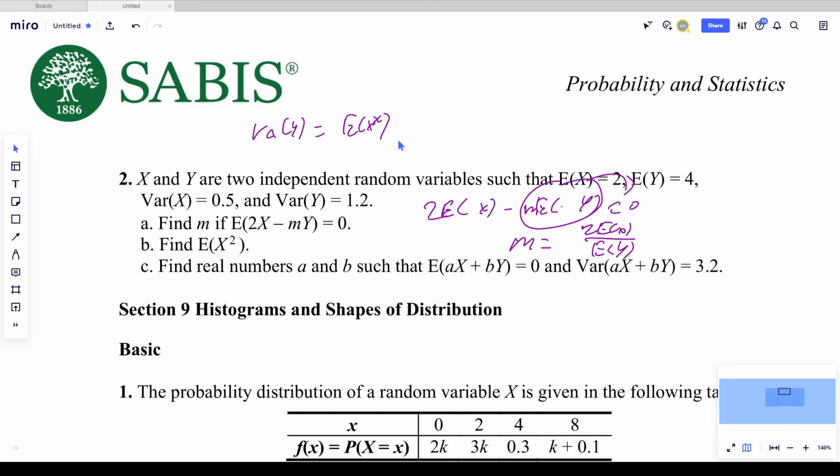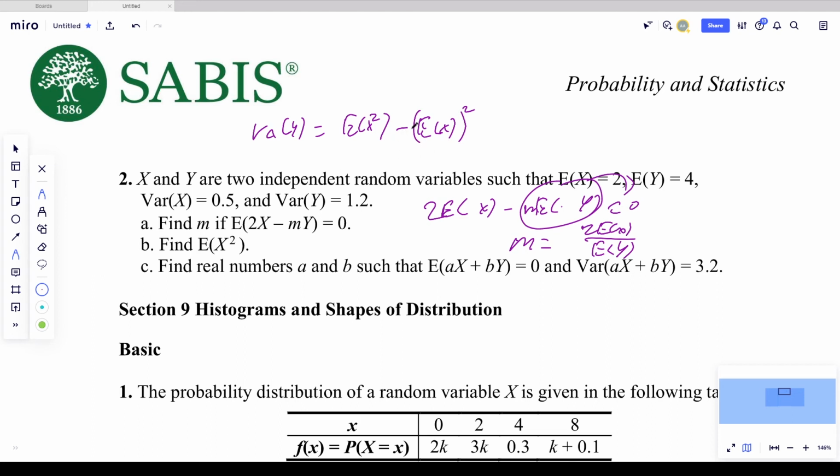So basically variance of y is expected of x squared minus expected of x, all of it squared.